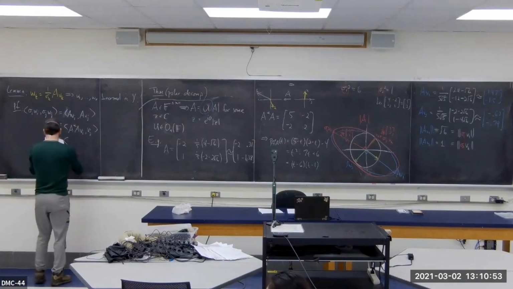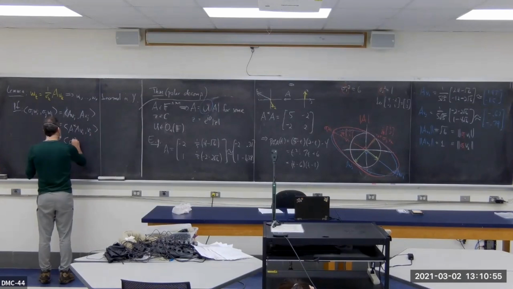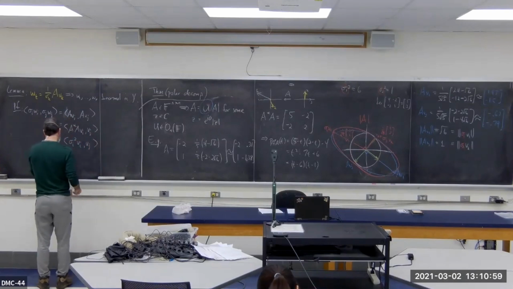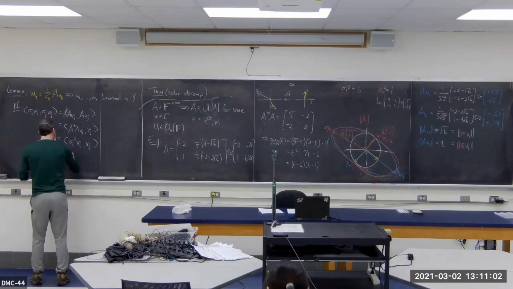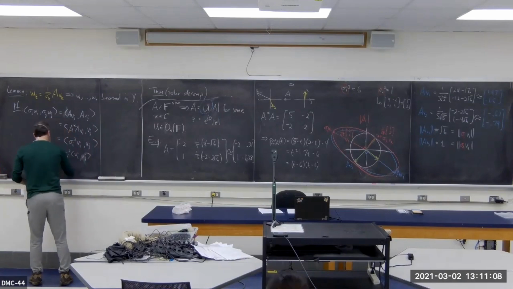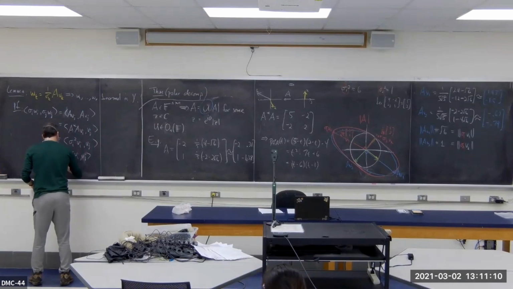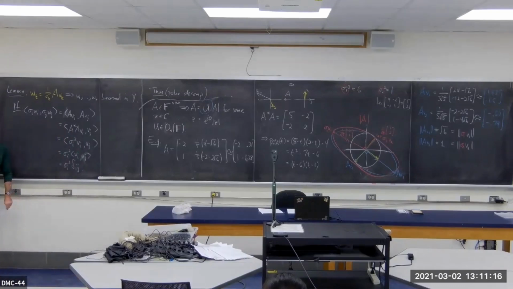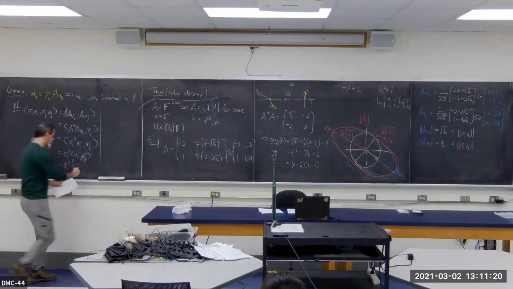So this is going to be sigma_i squared v_i, v_j, which is just sigma_i squared times the delta_ij that we wanted. I.e., this is sigma_i squared if i equals j and it's 0 otherwise. As I said, it's a simple calculation.